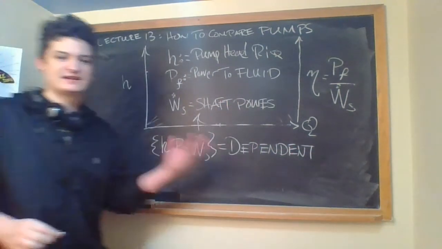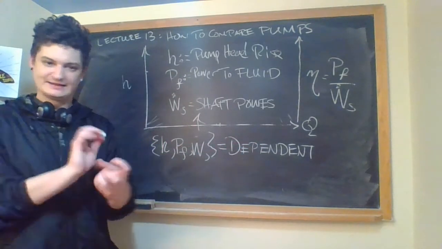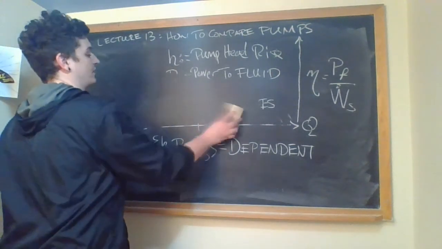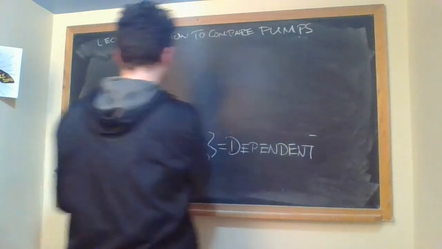Dependent, these are the things that are going to depend on how I design the pump and its lengths and its dimensions. And then that other list were all the independent variables, or the assumed independent variables is really what you should say.